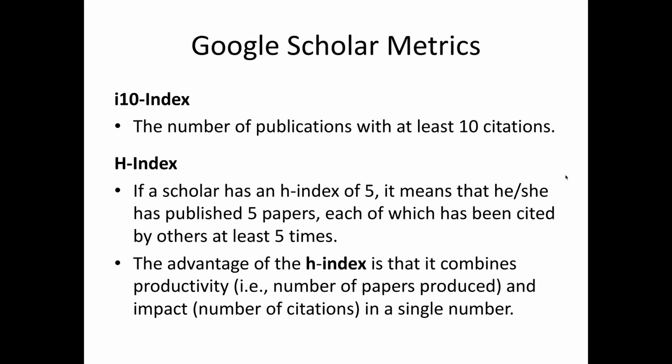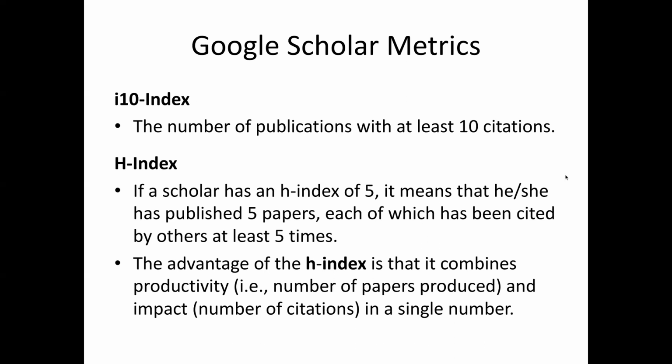For example, a researcher with an H index of 5 or an H index of 20, it can be any number. Let me try and put this very clearly. A researcher with an H index of 20 means that he has 20 papers that have been cited at least 20 times.